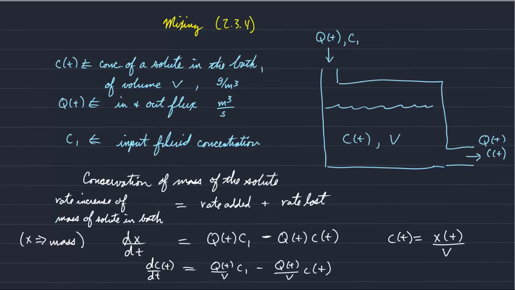And writing this equation, we have a time derivative. So we have a first order equation in terms of a time derivative of the concentration. And it's linear, again, because this is a linear function of the concentration and its first derivative. And it's non-homogeneous because we have a term that's independent of the concentration of the bath. It's only dependent on the flux of water into the bath and the concentration of fluid we're adding to the bath.